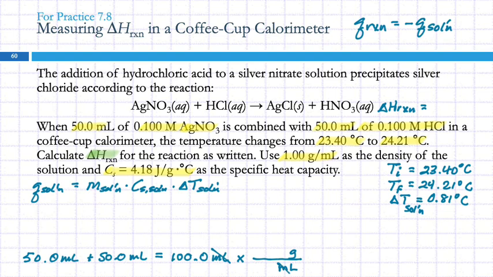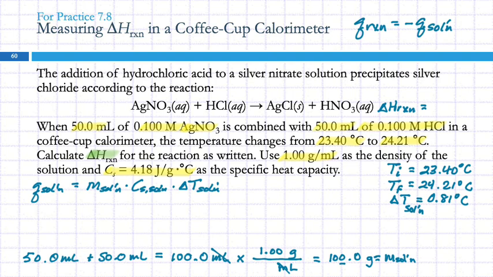And then I see that the density is 1.00, and that's where the gram is, and so we end up with 100 grams is the mass. So I have all three of these quantities.